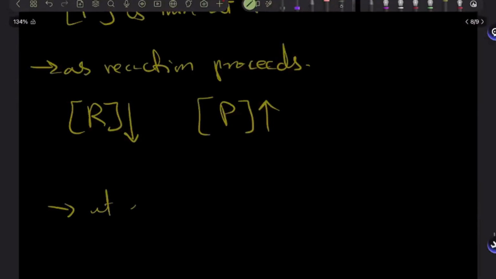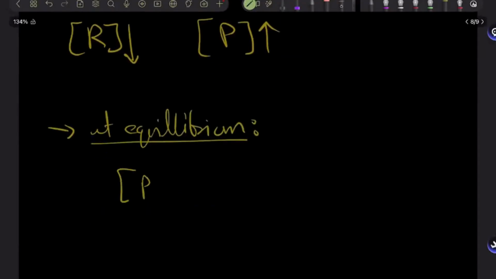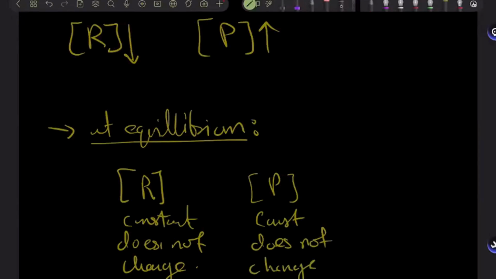At equilibrium, what should happen to the reactants concentration and products concentration? It becomes constant, does not change anymore. And what about the products concentration? Constant, also does not change anymore. That's when you know that equilibrium has been established.